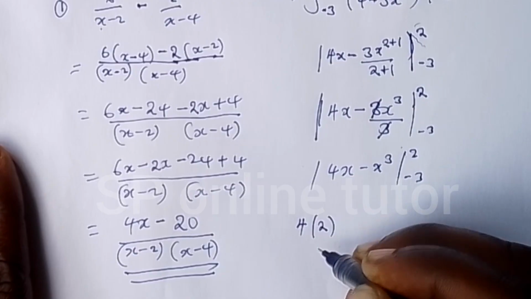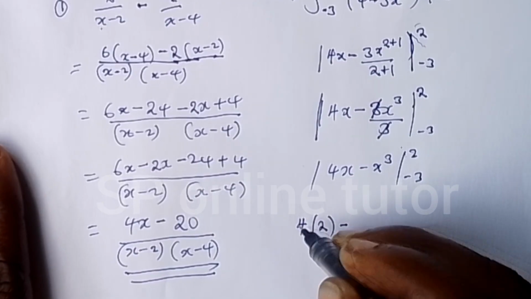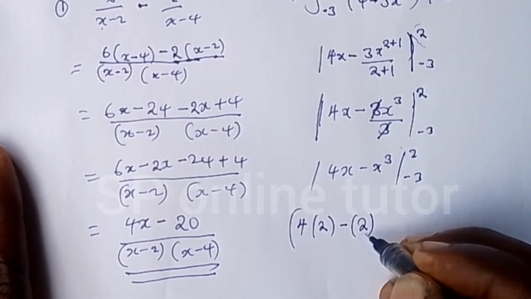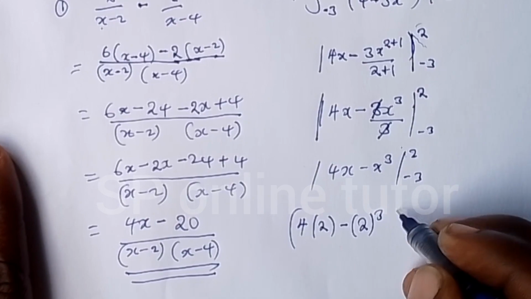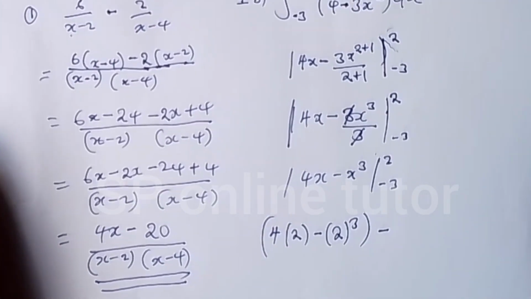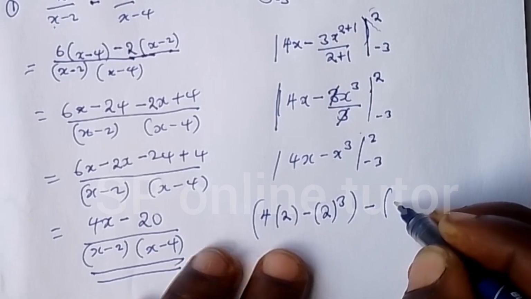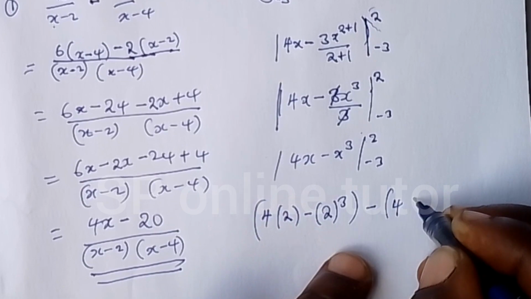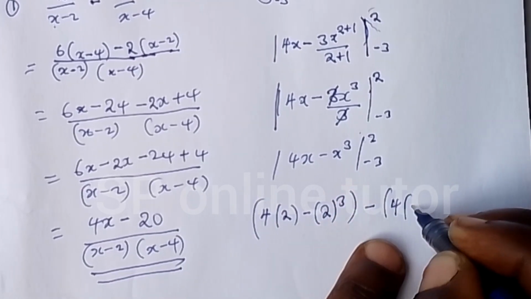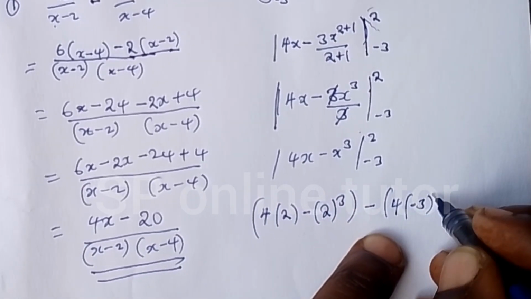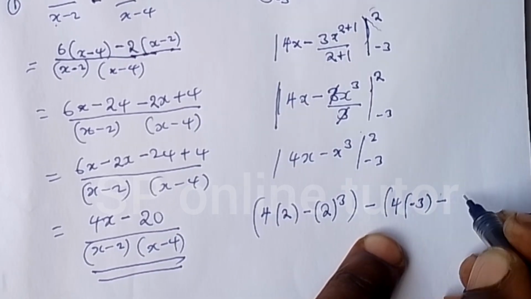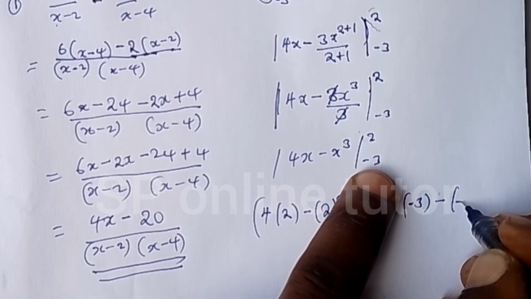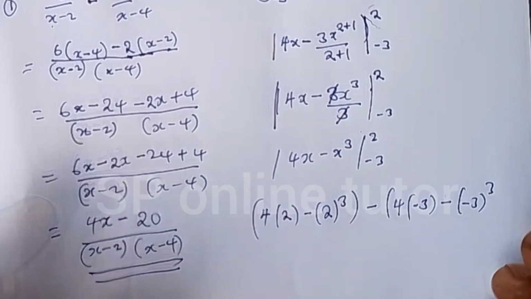In which it will be 4, where there's x, you substitute it with the 2, okay? Then minus the bracket, where there's x, there's 2 cubed, okay? Then close bracket, then you subtract the lower limit, okay? In which it will be 4, you write the same expression which we have here, 4 open bracket, then the lower limit it is minus 3, then minus open bracket, where there's x we have minus 3 cubed, okay?